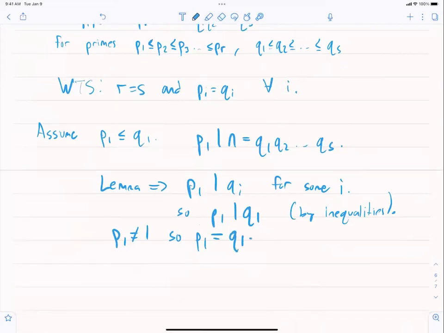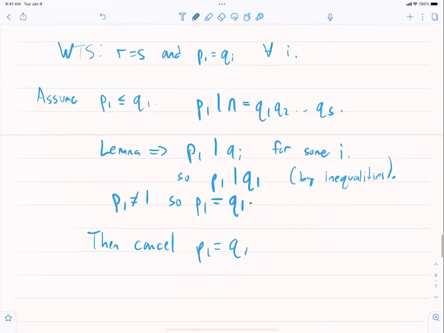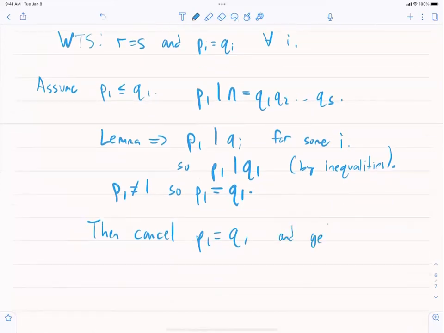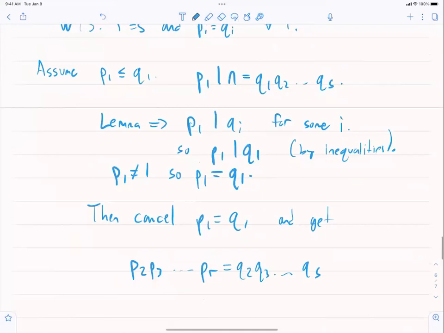Okay. So then cancel, P1 equals Q1, and get now P2, P3, and so on, PR is equal to Q2, Q3, up to QS.